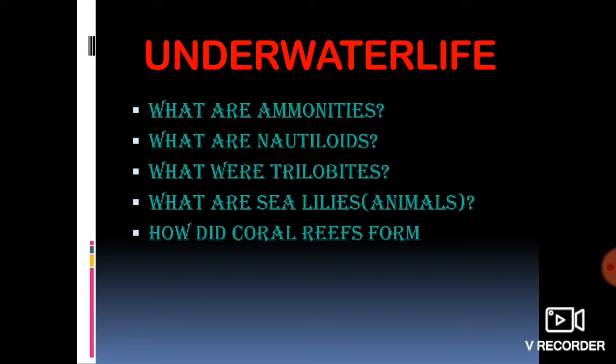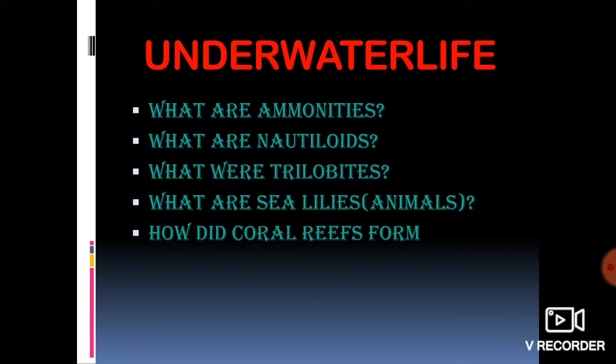Trilobites of all shapes and sizes roamed the seas at the same time. Other segmented animals such as crabs and lobsters developed. Trilobites died out about 2500 million years ago. Sorry, my bad. 250 million years ago, I meant to say.